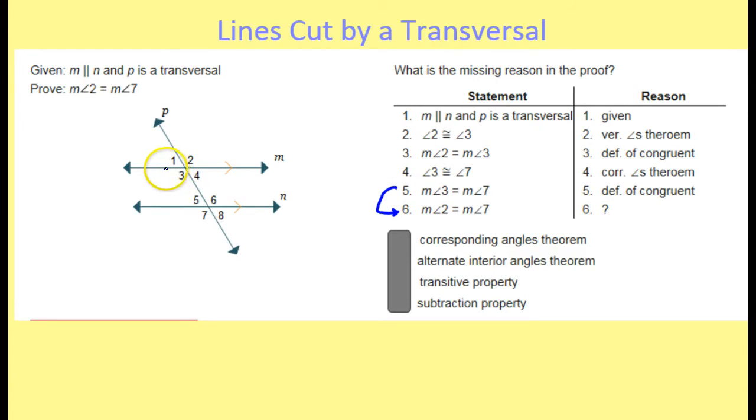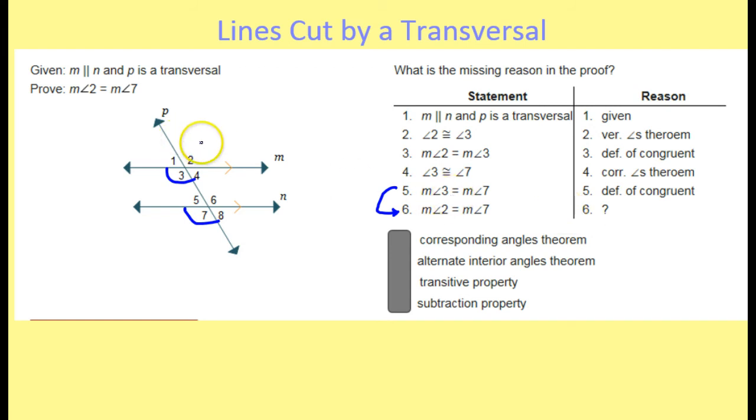So the measure of angle 3 is equal to the measure of angle 7. And then suddenly we say that the measure of angle 2 is equal to the measure of angle 7. Now how is that possible? I'm going to have to go back a little bit further because I think I see what's happening.